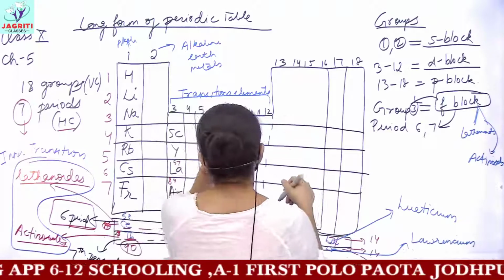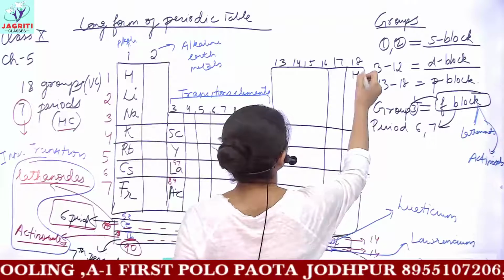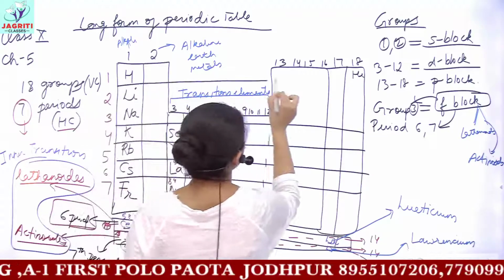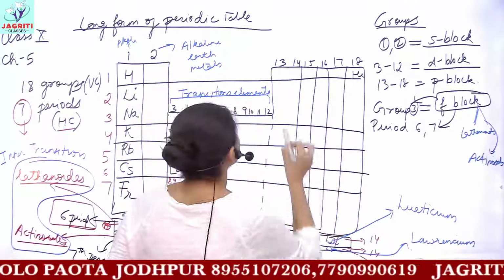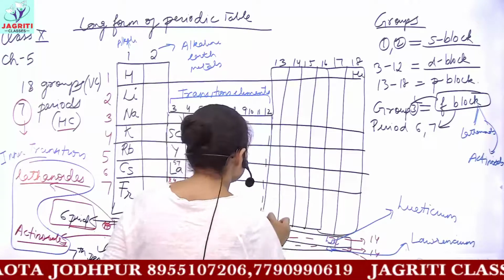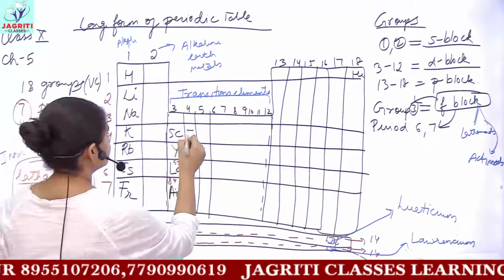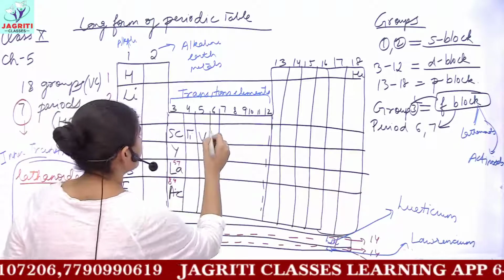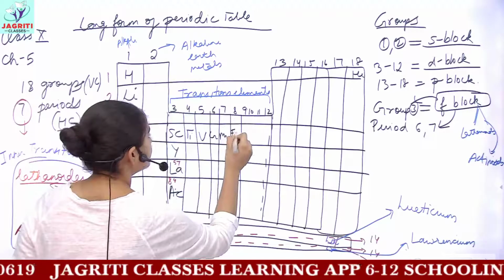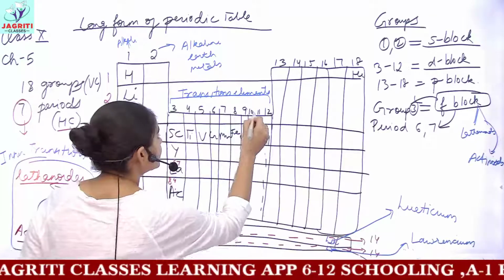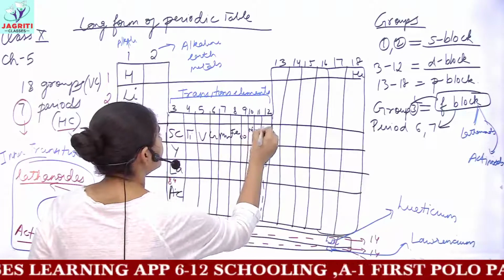Then, once I arrange these elements, you have hydrogen and helium, these two elements present in the first period. Then chromium, manganese, iron, cobalt, then nickel, copper and zinc here.